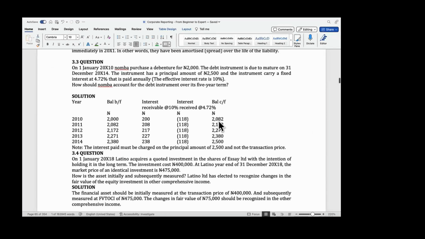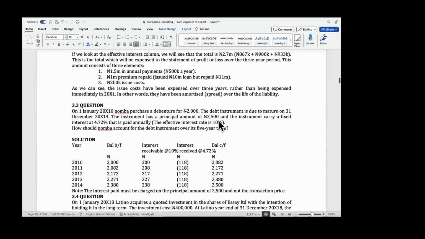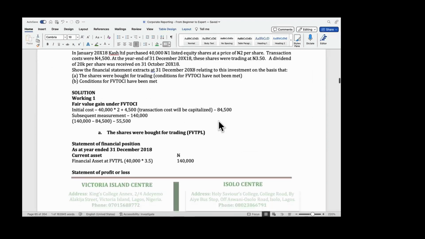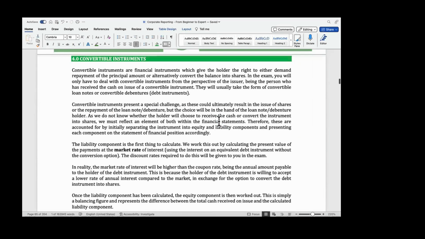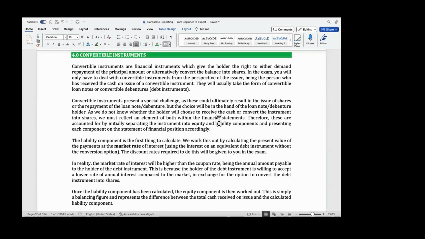Now, I have some questions here, but before I solve these questions on what we have learned so far, let me quickly talk about convertible instruments.